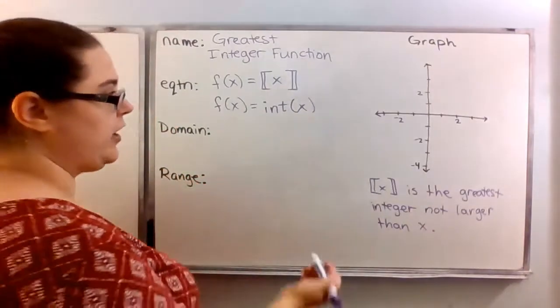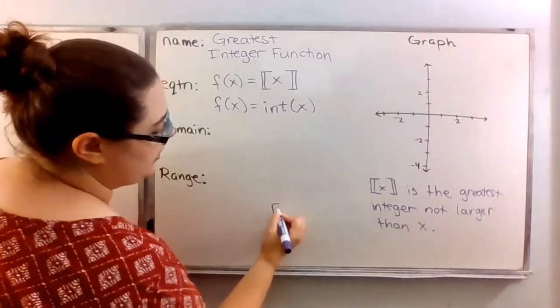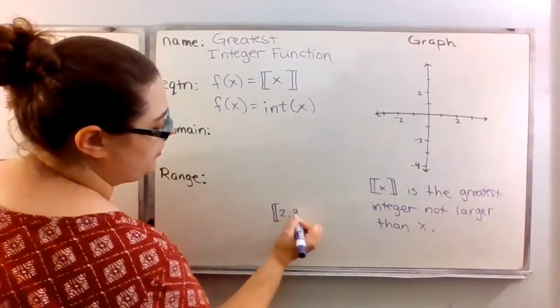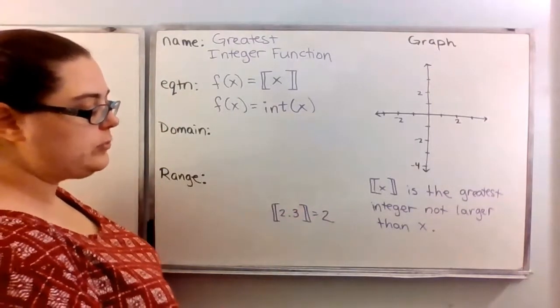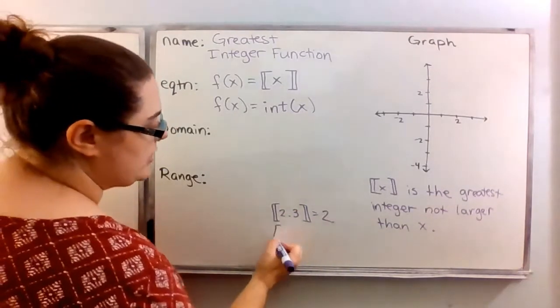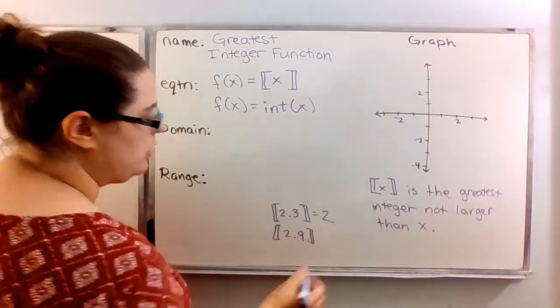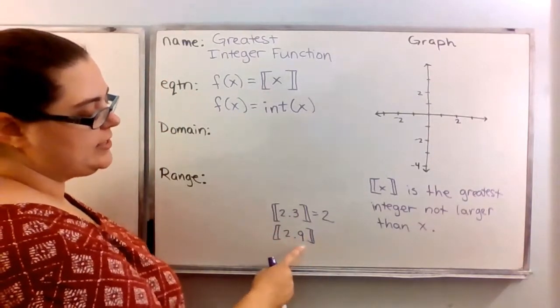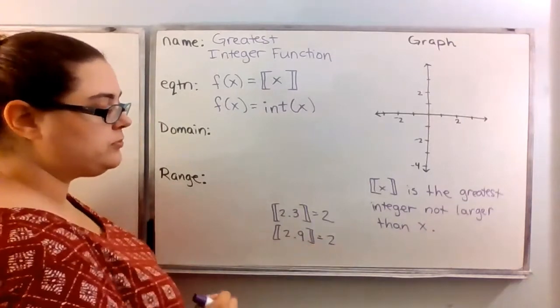So if I were to find the greatest integer of 2.3, that's going to give me 2. If I were to find the greatest integer of 2.9, the largest integer that is not greater than 2.9 is also 2.